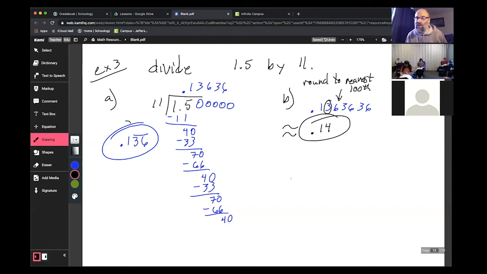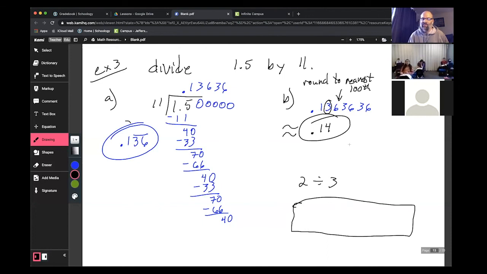Now here's what else happens. Your calculator rounds automatically. If you typed 2 divided by 3 on your calculator, unless it's set to fractions, your screen is going to look like this: 0.6666666.